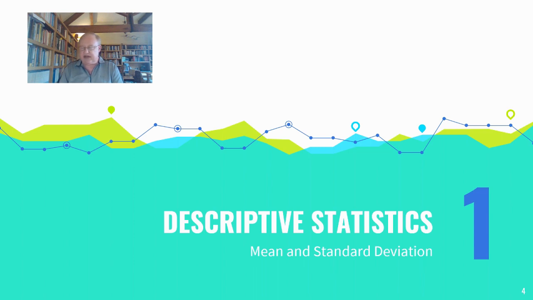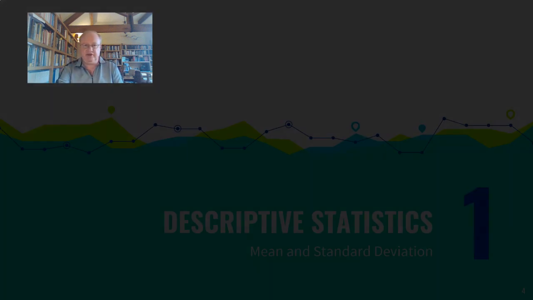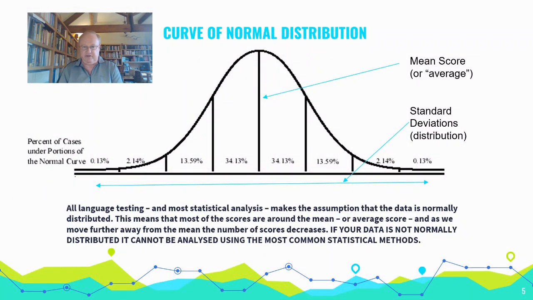The mean and the standard deviation are the two statistics which we report for every single test, and indeed whenever we're collecting data from groups of individuals where we're counting stuff, they are the two statistics that we always have to give. And there's a reason for this.